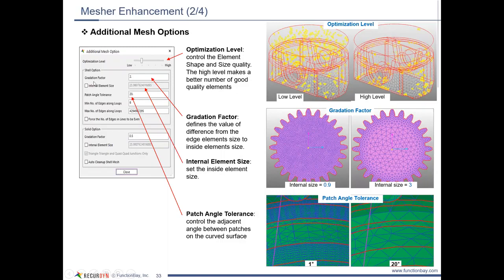Second thing is this gradation factor. The way the mesher actually works is that it starts out with a surface mesh on the outside, and then it's meshing towards the center. That really makes a lot of sense because the highest stresses tend to be on the outside of the geometry and the lower stresses tend to be inside.